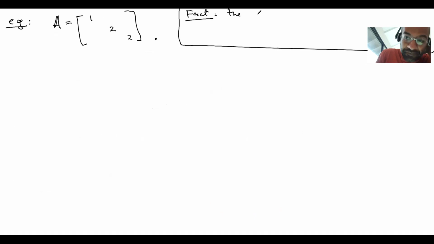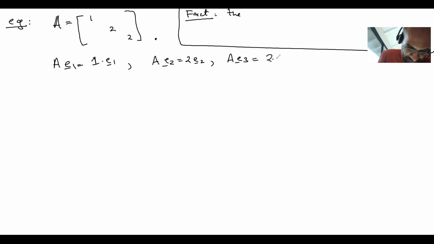Well, let's just work it out in this example. If you look at A times E1, that's just going to be the first column. That's 1 times E1. A times E2, that's just going to be the second column. That's 2 times E2. A times E3, that's just going to be the third column.